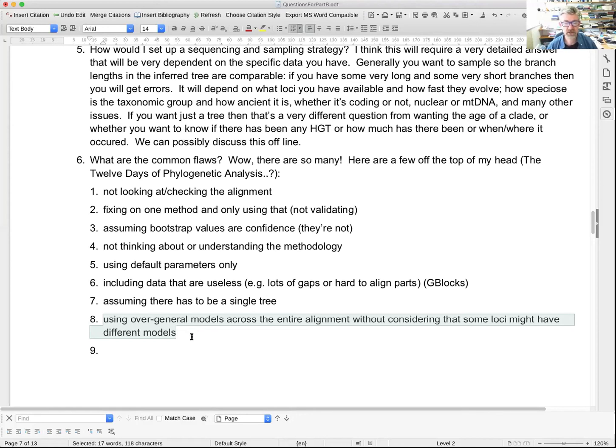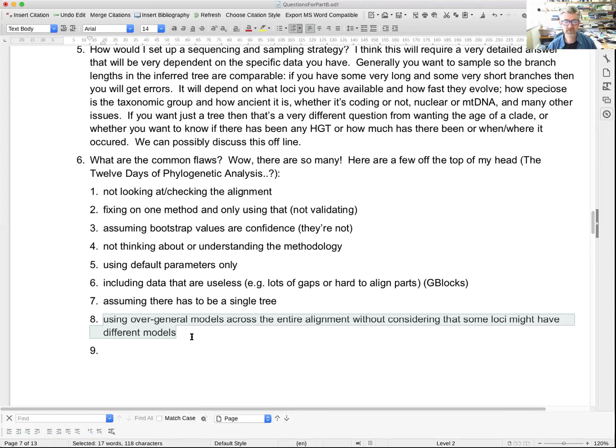But the interesting thing was that if we found the best fit model for the individual loci, none of those best fit models was GTR plus I plus gamma. They all were perfectly happy with a simpler model.